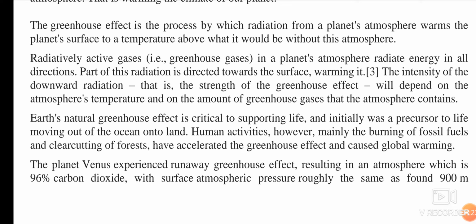Part of this radiation is directed towards the surface, warming it. The intensity of the downward radiation, that is, the strength of the greenhouse effect, will depend on the atmosphere's temperature and on the amount of greenhouse gases that the atmosphere contains.